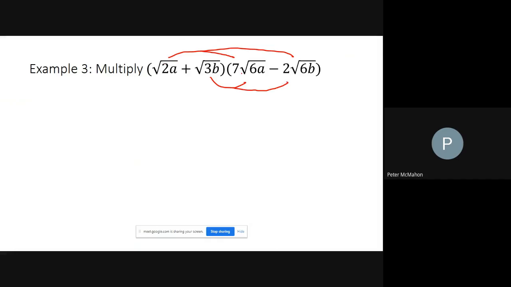So root 2a times 7 root 6a: there's a 1 here, 7 times 1 is 7.